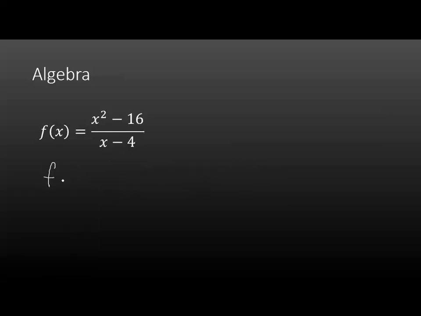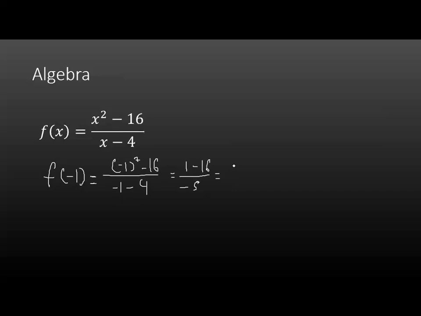Let's just say if I have negative 1. So let's substitute negative 1 squared minus 16 all over negative 1 minus 4. So here you have 1 minus 16 all over negative 5, right?